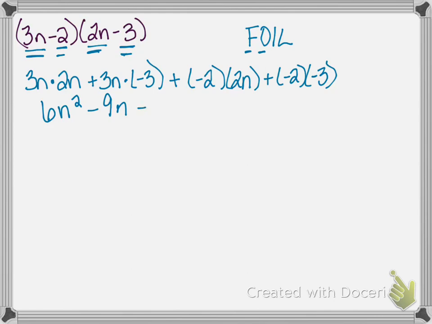Negative 2 times 2 is, excuse me, it's minus 4, and then I've got this n, so I've got negative 4n. Then negative 2 times negative 3, that's plus 6. So now I have 6n squared minus 13n plus 6.